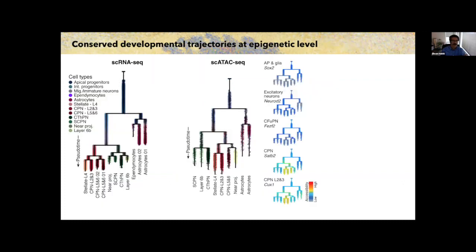So we used the ATAC-seq gene activity to build a developmental trajectory of cortical cells, and we found a similar structure to the single-cell RNA-seq data.